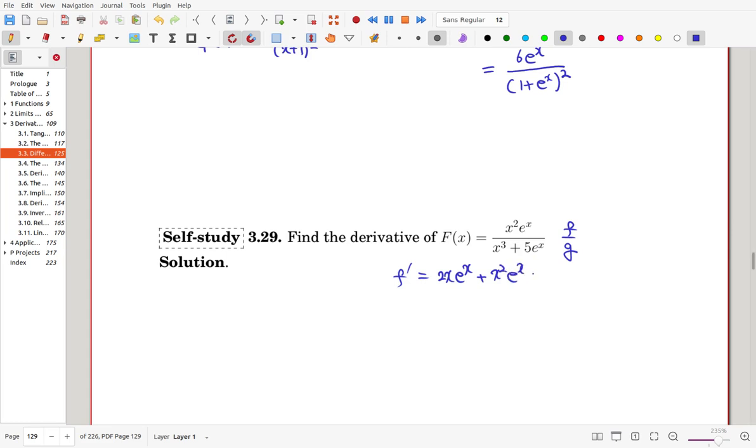E to the x is common, so you can write 2x plus x squared, times e to the x. You can write it in this way, and then by using f prime, you can finish the derivative more conveniently. You can do it yourself. Okay.